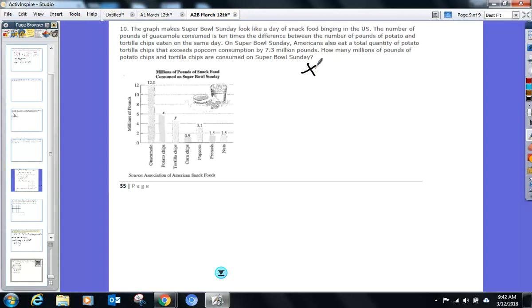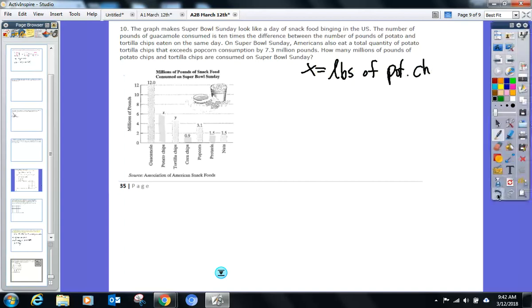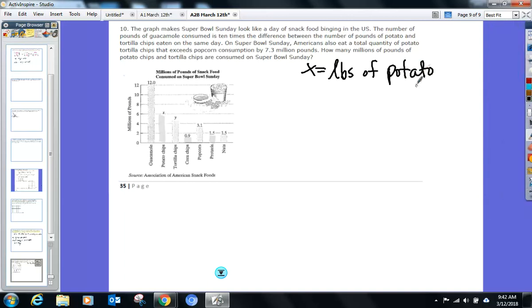So I'll let X equal pounds of potato chips. Let's think that through. Okay. And Y is going to equal pounds of tortilla chips.